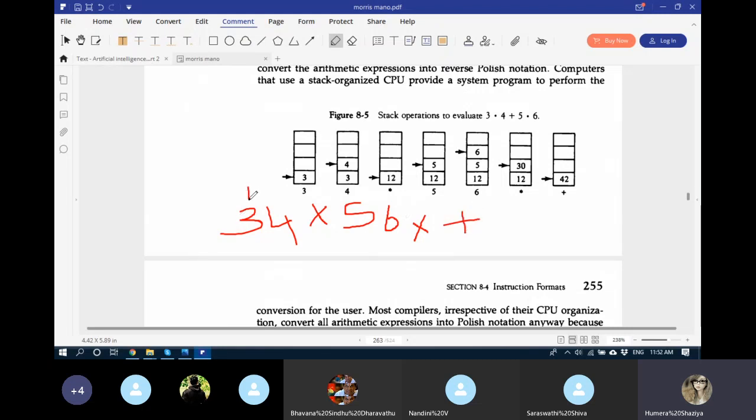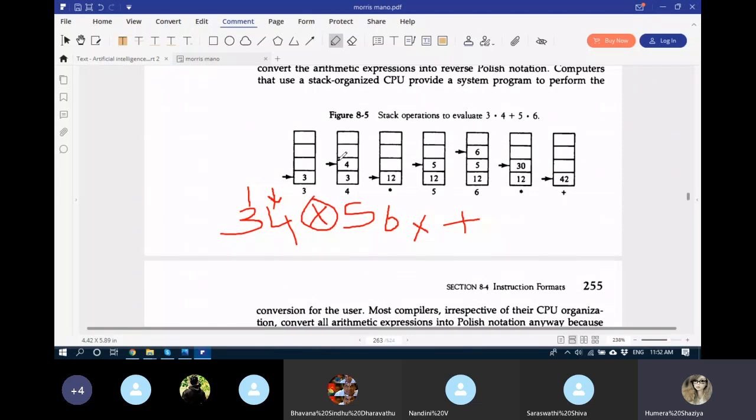So first you are choosing this, then you are choosing 4, because the next element is 4. Now stack pointer is incremented and 4 is added. What happens is, whenever it encounters an operator, it pops the last 2 elements in the stack with respect to the stack pointer.